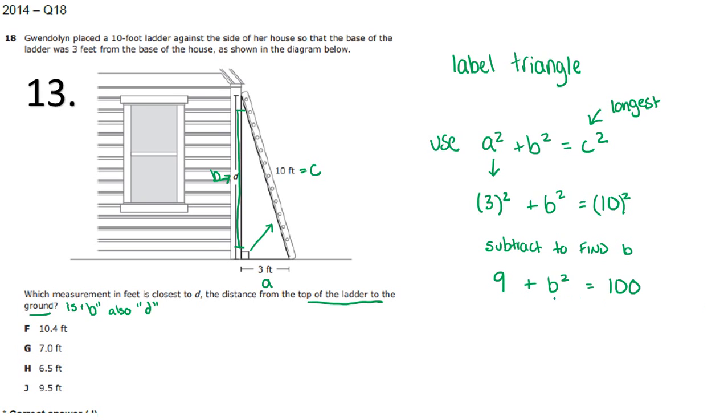And then if we try to get B by itself, we're going to subtract 9 on both sides because we're trying to solve for B. This makes B squared equal to 91. Now, just like the last problem, whenever we have something squared, we have to take the square root of both sides.